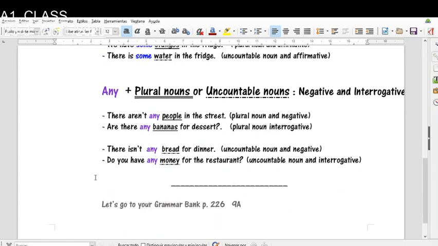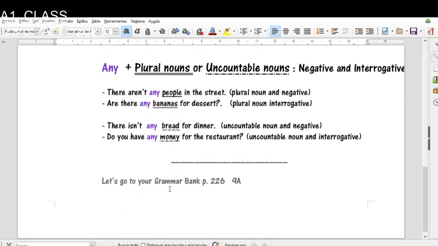And what are we going to do now? To correct, vamos a corregir. Everybody please, todos, page 226, página 226, Grammar Bank 9A. Are you ready? Well, let's start. And here it is.